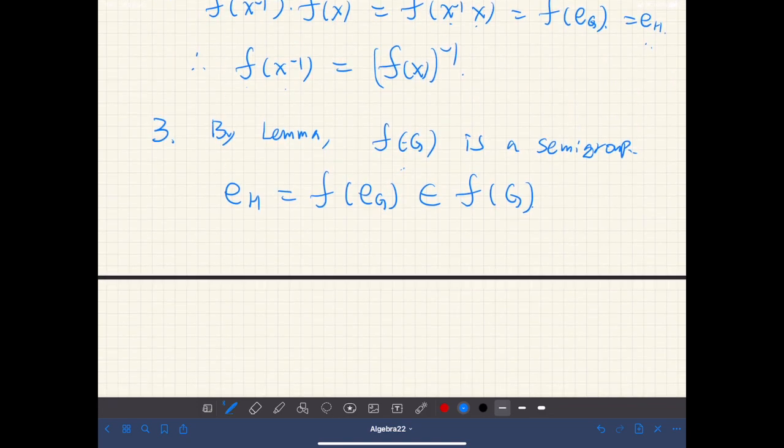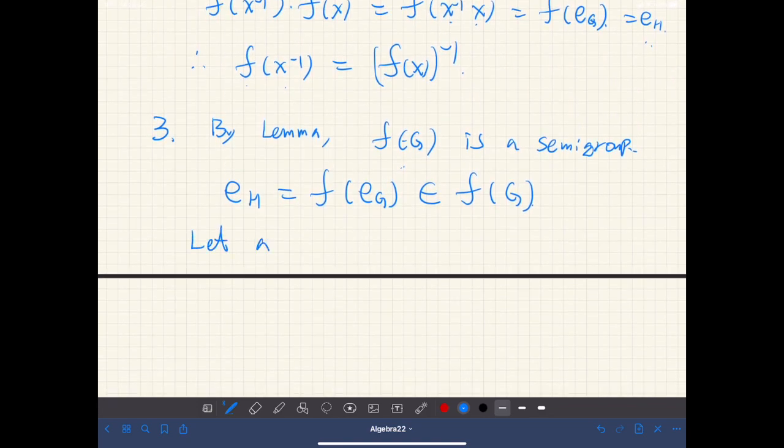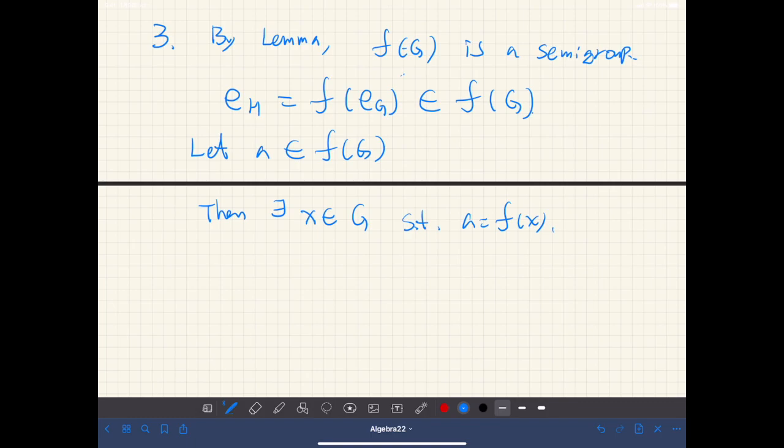And next, let A be any element from this image. Then there exists some element x in G such that A equals f(x). Now A inverse is equal to f(x) inverse.